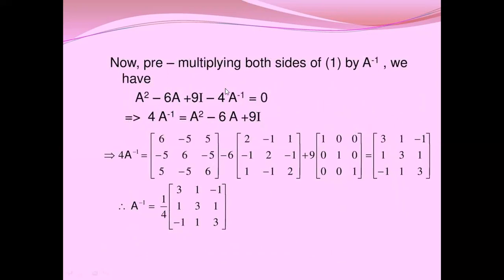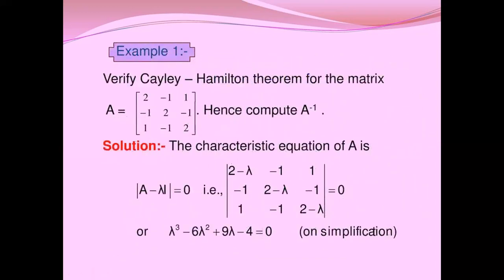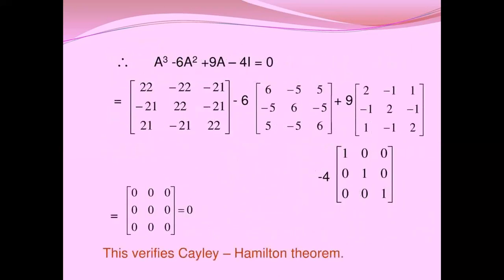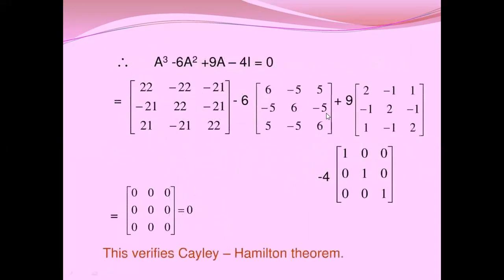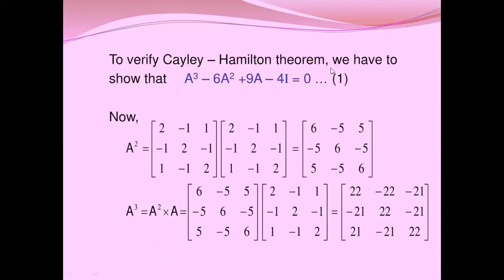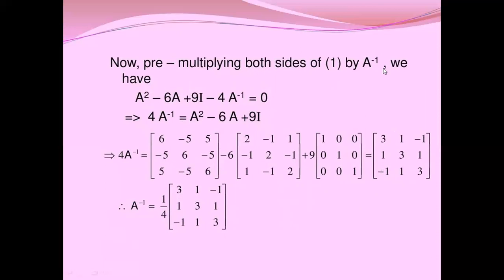Now, we have to find the other part of the question, which is to compute A inverse. In order to find A inverse, we pre-multiply both sides of equation 1 by A inverse.